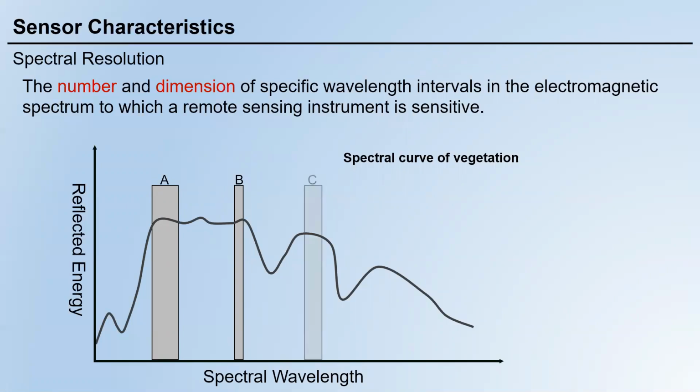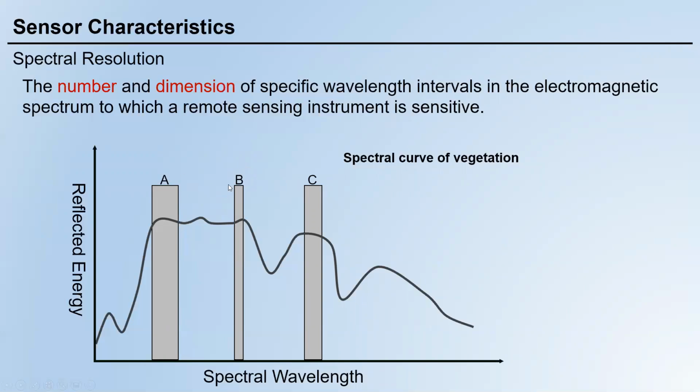Of the spectral curve. So here we have band C. If you compare band A, band B, and band C, which one has the highest spectral resolution? Obviously B. Okay.